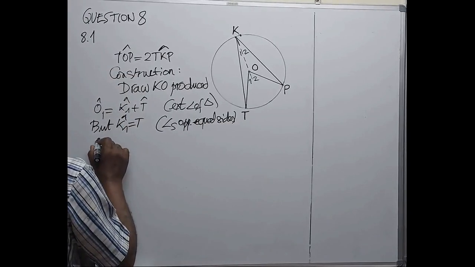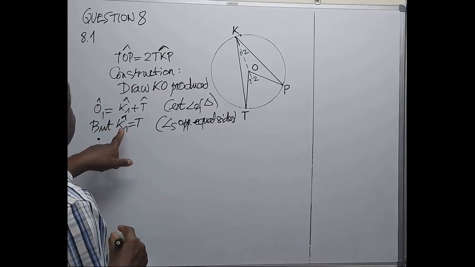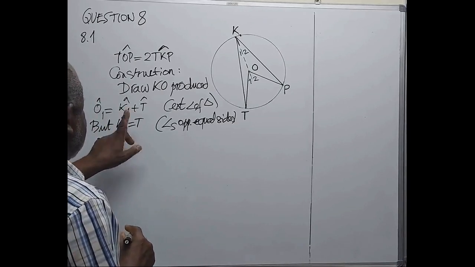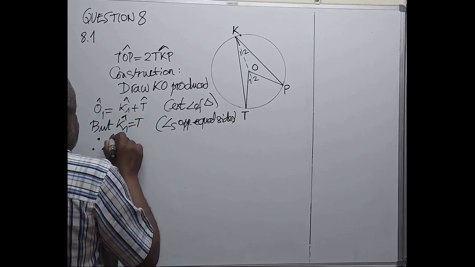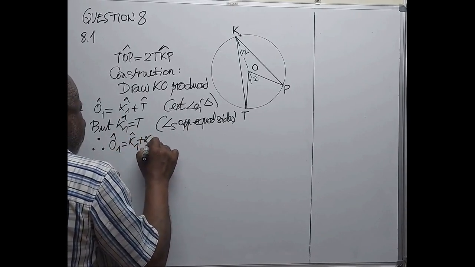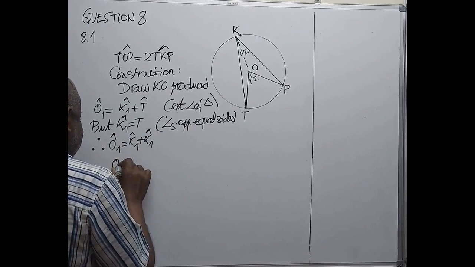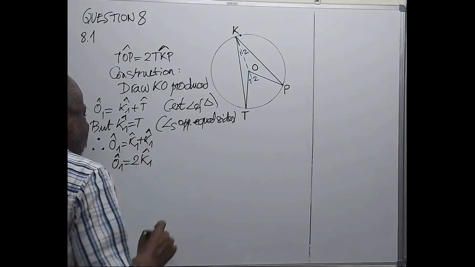Therefore, if we come back here, we replace T by K1, so O1 will be equal to K1 plus K1. This gives us that O1 is equal to 2K1.